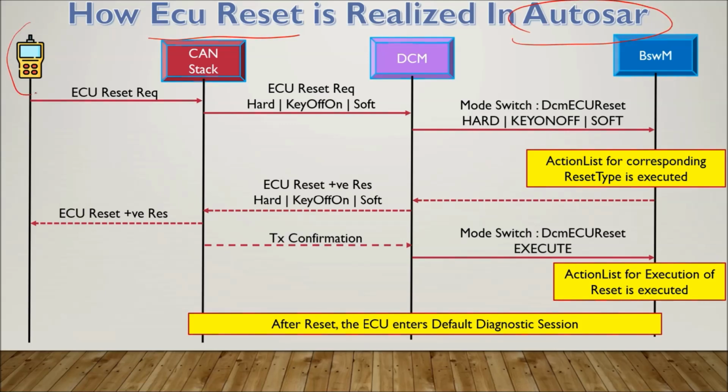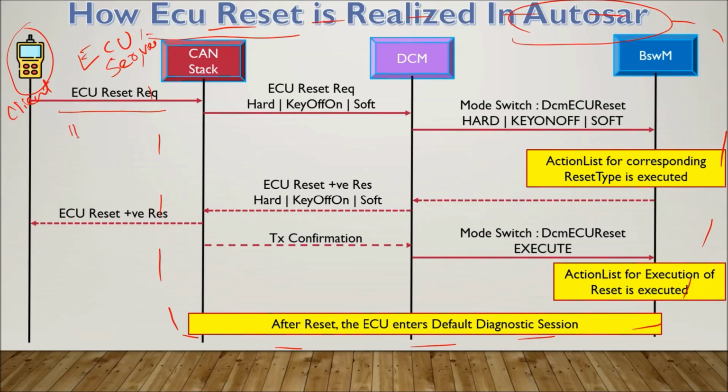So you have the tester, which is the client, and all the software is within the ECU, which is the server. The ECU reset request is sent, 1101, let's say something like this, or 03, whichever.